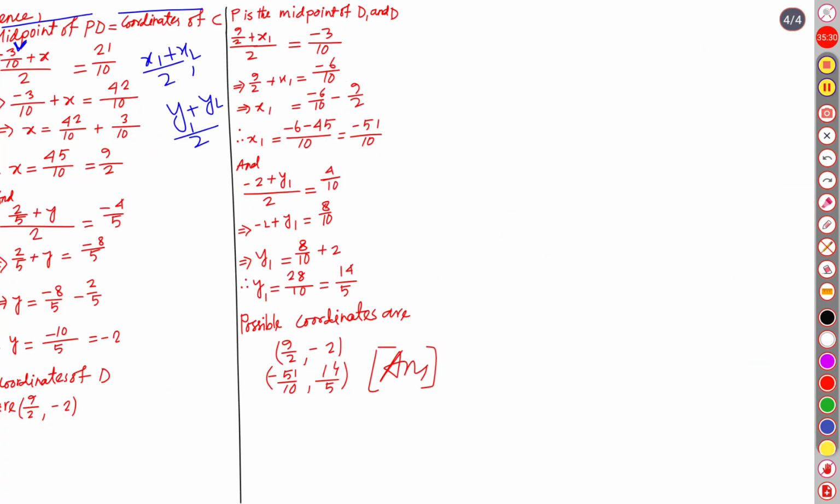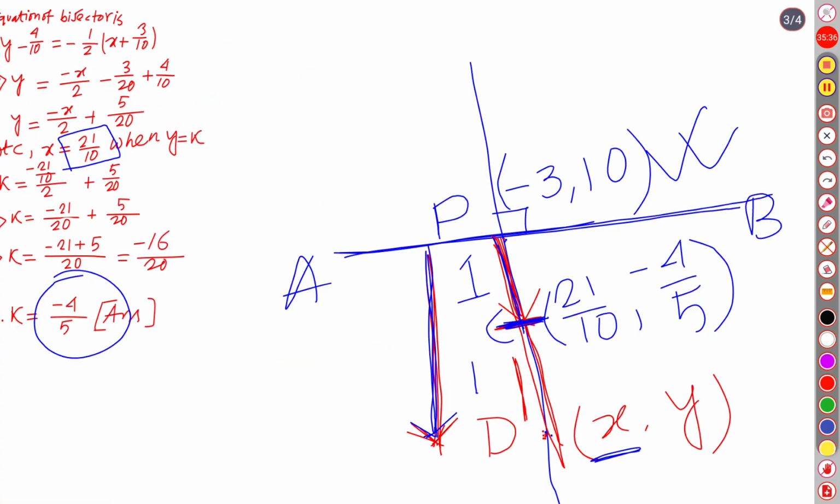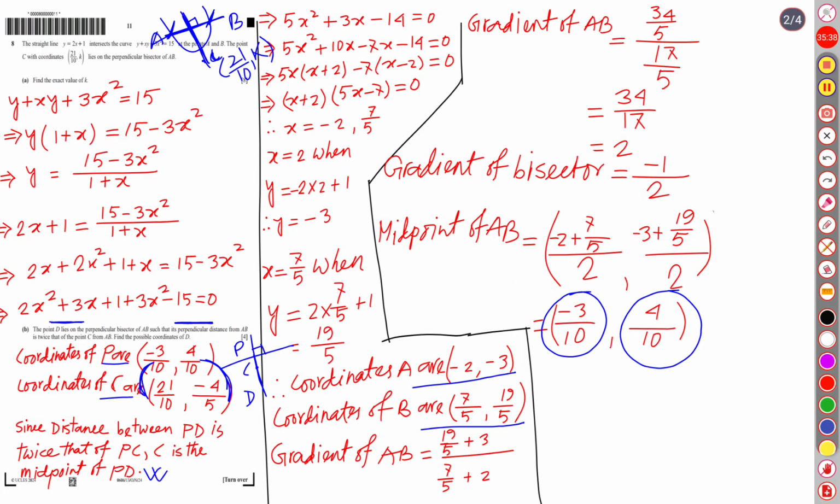I have written as it is: the x coordinate of P is negative 3 over 10, and the x coordinate of D we have supposed to be x and y.